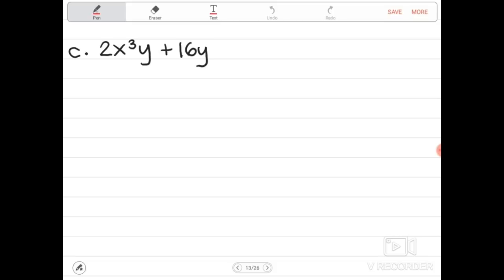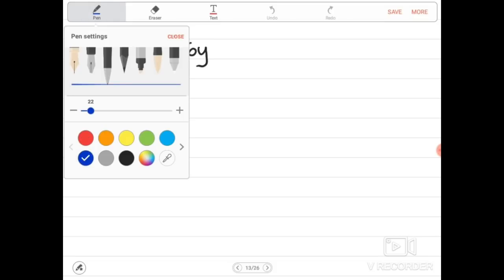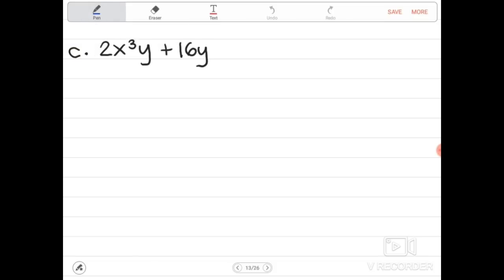Next, letter C. Ayan. 2x cube y plus 16y. Do they have common? Yes, obviously, merong common. So, sa constant natin, ang common natin is 2. Then, the variable, meron silang y. So, anong matitira? X cube plus 8. Okay? So, yan, meron tayong common.